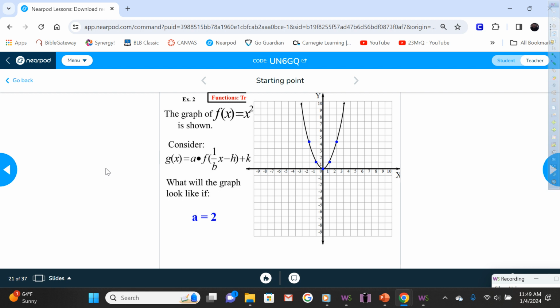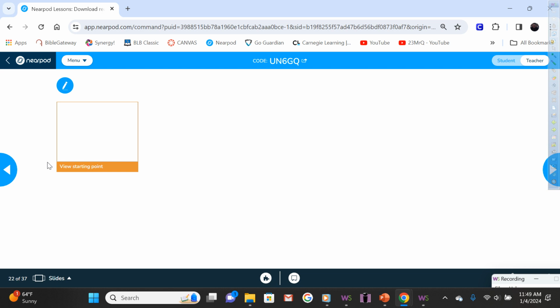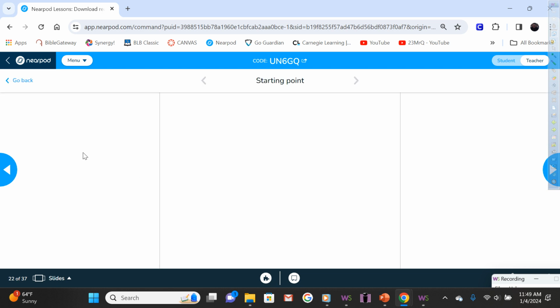Laura. Stretch it. Which direction? Vertical or horizontal? Vertical. That is correct. Thank you. Let's go to the next one. If we substitute 1/2 for a, what would it do? It would compress. That is correct. We'll stop right there.